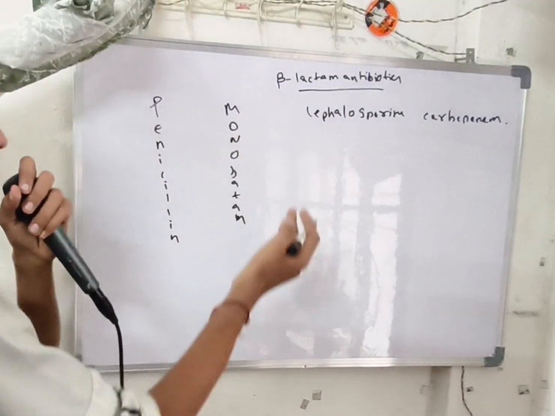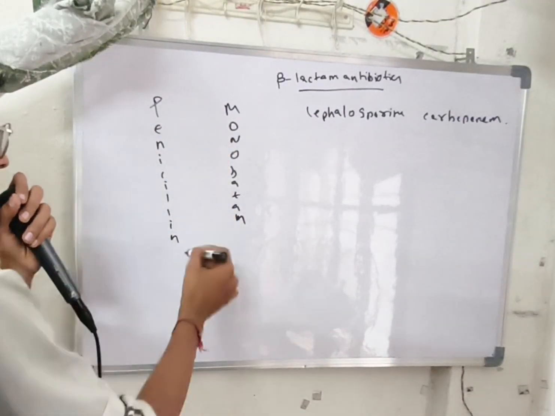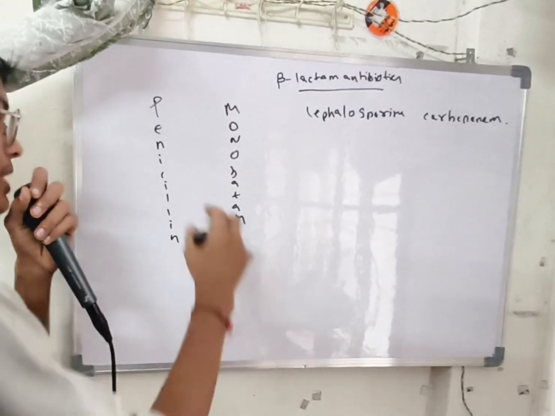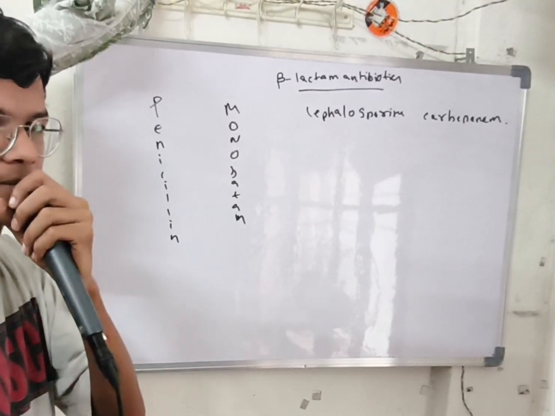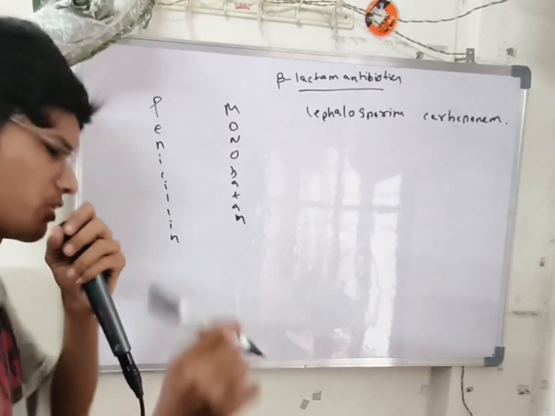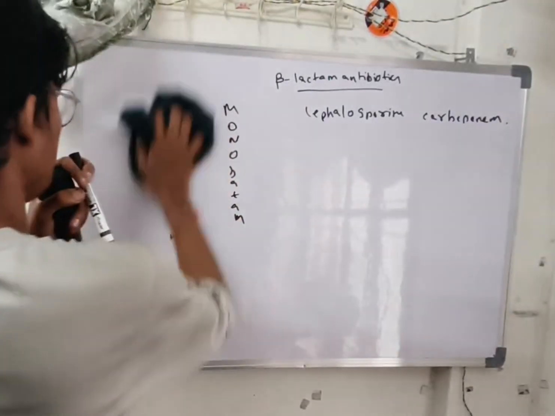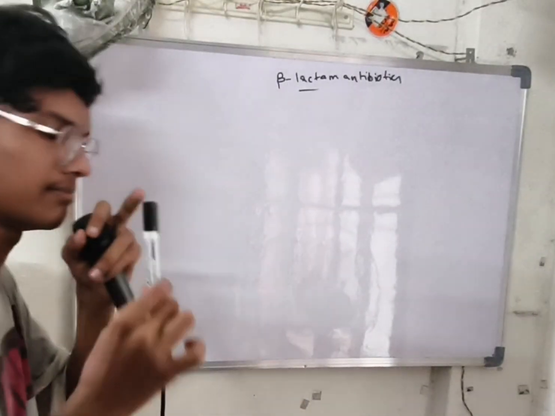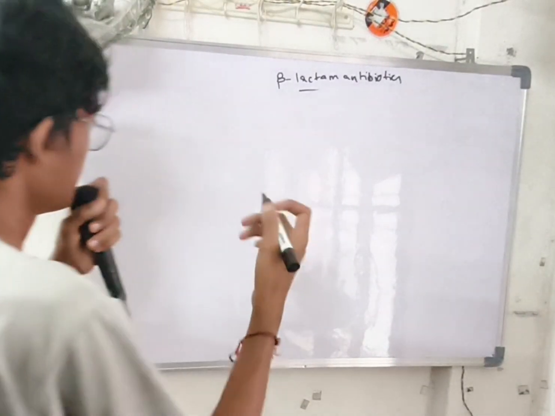In the beta-lactam antibiotics, we have penicillins, monobactam, cephalosporins, and carbapenems. So we remember them with the code PM circa cephalosporin car, and we are writing the abbreviations. Now we'll know all the drugs in this classification in a very easy manner.